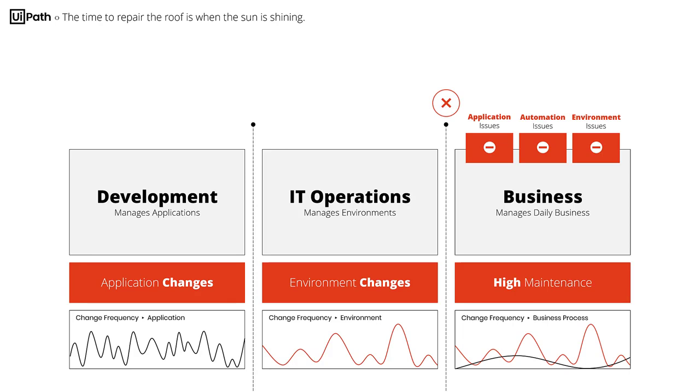Well, this simply means that if we aren't able to incorporate these changes made by IT operations into our RPA in a timely manner, well, then we will impose all the noise from these environment changes onto our business processes. And the same holds true for the application changes. So if we aren't able to incorporate the changes made by software development into our RPA in a timely manner, then we will impose all the noise from these application changes onto our automated business processes.